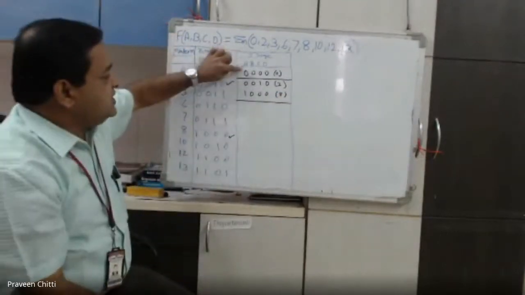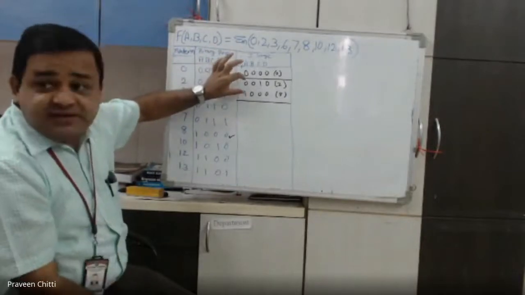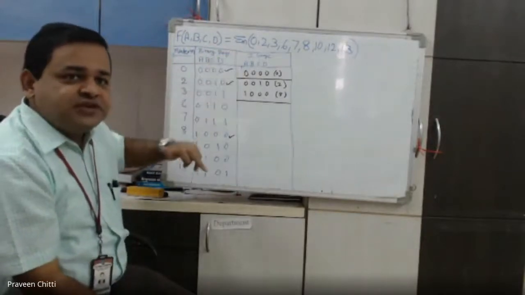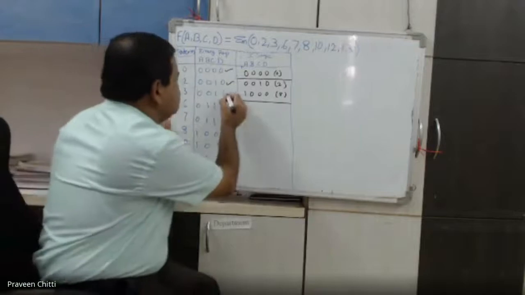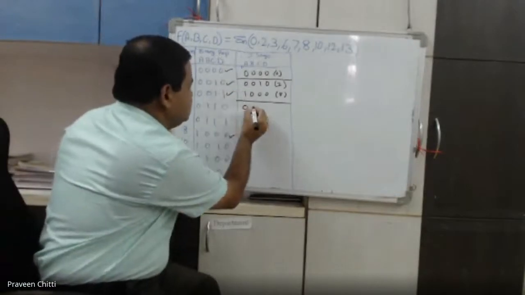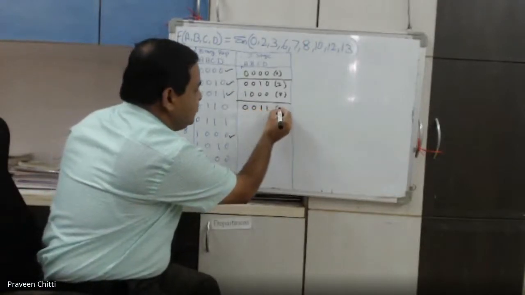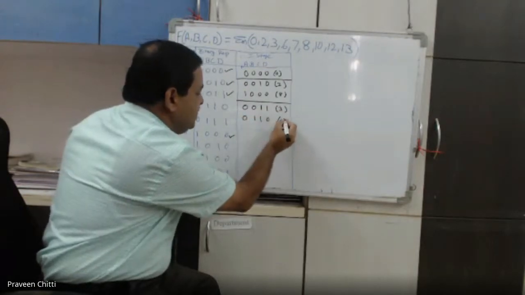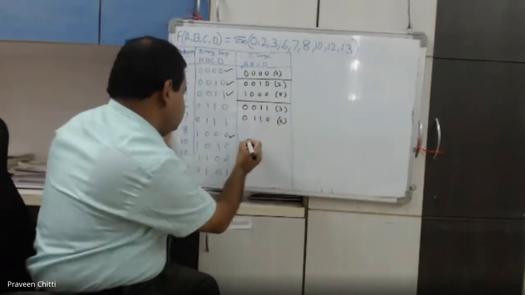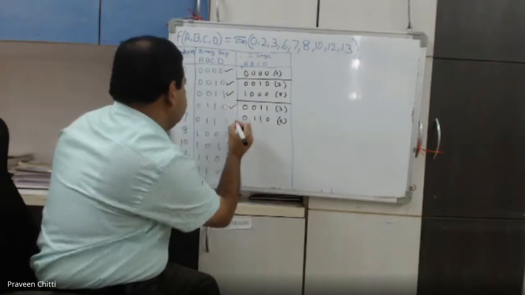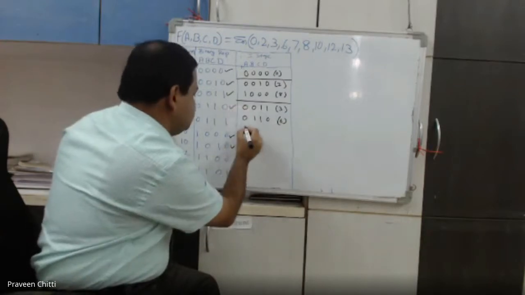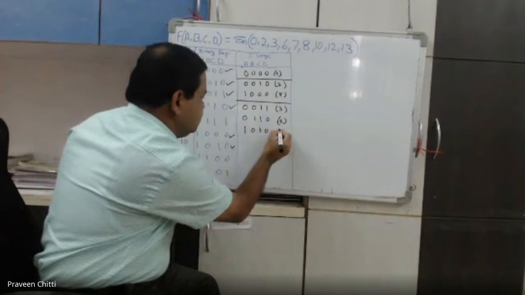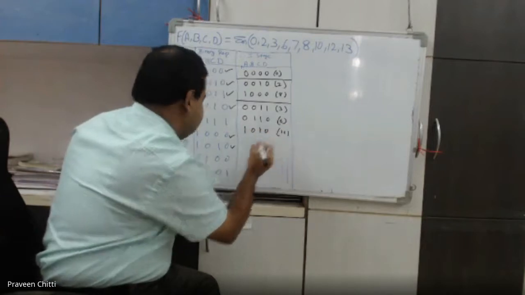This group contains 0 ones. This group contains 1 one. Now we should get a group of 2 ones. So I will write 3, that is 0, 0, 1, 1. Then 0, 1, 1, 0, that is 6. Then 1, 0, 1, 0, that is 10.